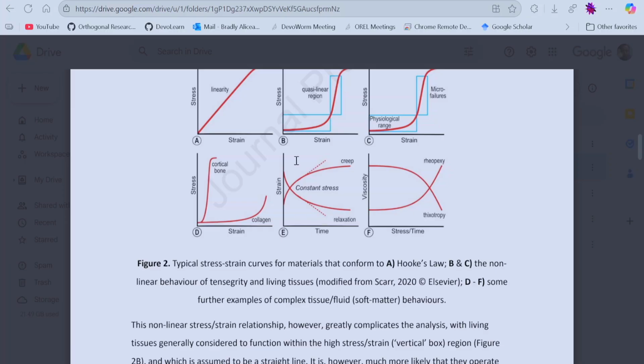So E is time versus strain, so you're looking at strain over time, and then the second one is stress, time, and viscosity. So it's stress over time and then viscosity. And this is kind of the behavior of the material.